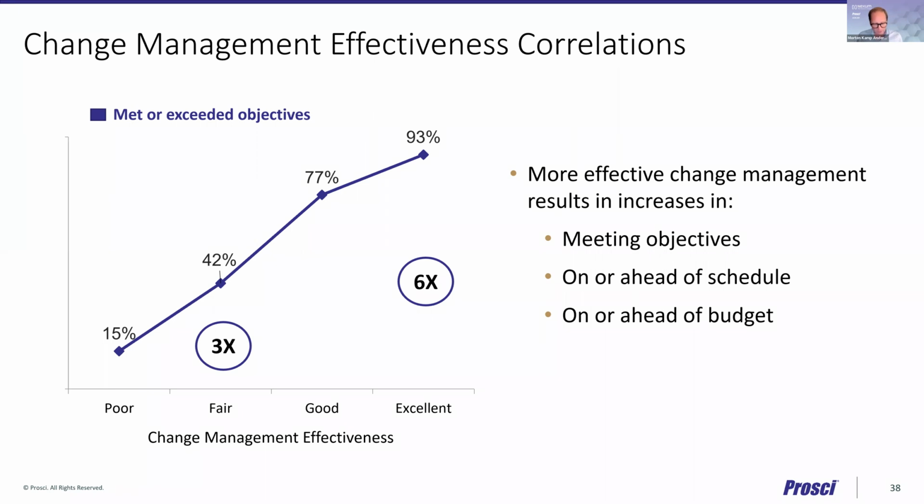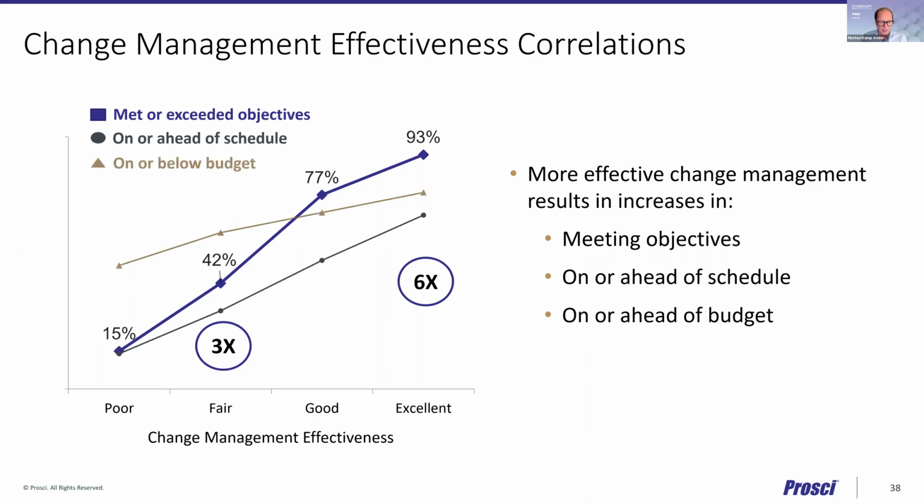Now, the interesting thing is, if you peel back the correlation, you see that there is a direct connection between bringing your people along and being able to do it on time and on budget. Because I think there is this kind of knee-jerk reaction that the people side of change all sounds good and important, but it's going to slow me down. It's going to take more time.